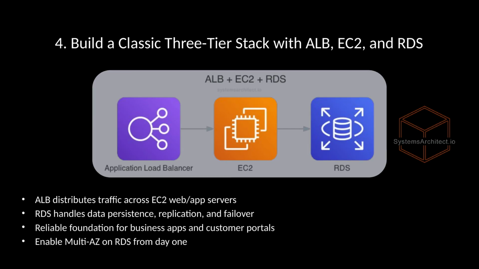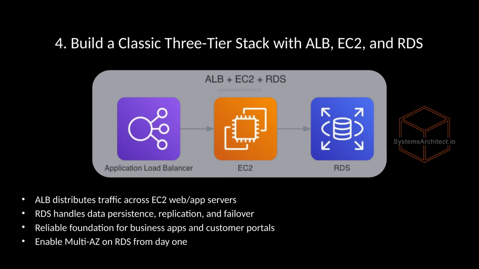4. Build a classic 3-tier stack with ELB, EC2, and RDS. Most business applications boil down to the same shape: a web layer, an application layer, and a data layer. And ELB, EC2, and RDS map onto exactly those 3 tiers.